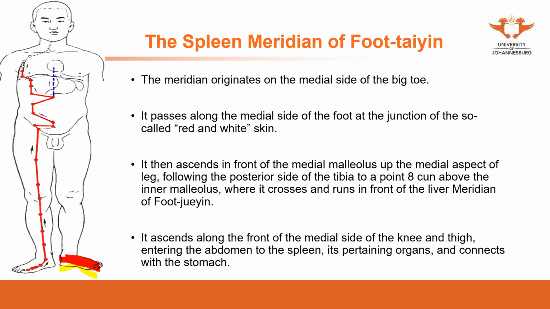Everyone is similar. So where these two colors meet, we call that red and white skin, because your sole is whiter than the dorsum of your foot. The red and white skin, the junction. So that's where it travels.